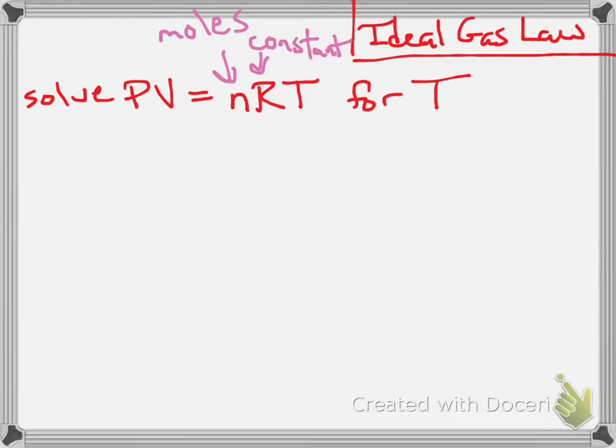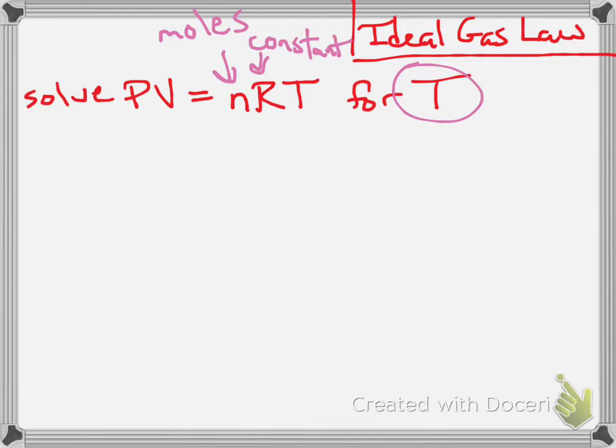So we're going to make sure we know that later on, but for now, our primary objective is to solve for T. And again, PV equals nRT is the ideal gas law equation, a classic equation that allows us to describe the behavior of almost any gas.